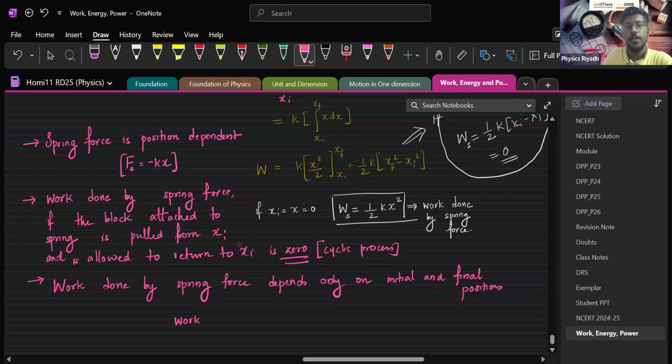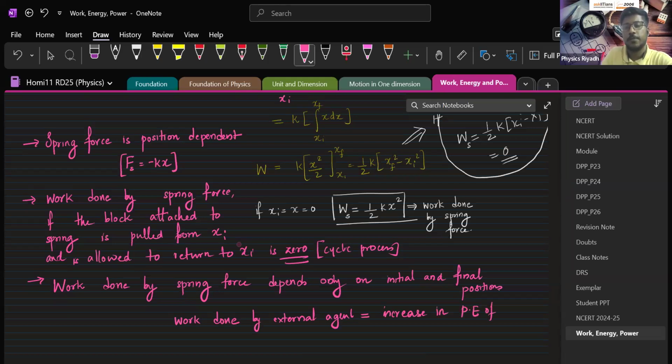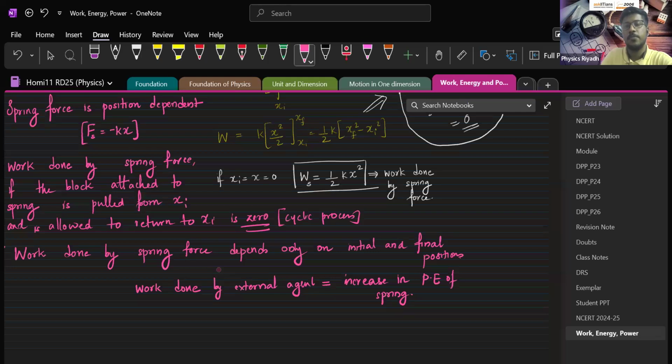So we can say the work done by an external agent will result in an increase in potential energy of the spring. If the spring force is minus kx, the external agent has to do kx work in the opposite direction to store the potential energy, just like we did with mgh.